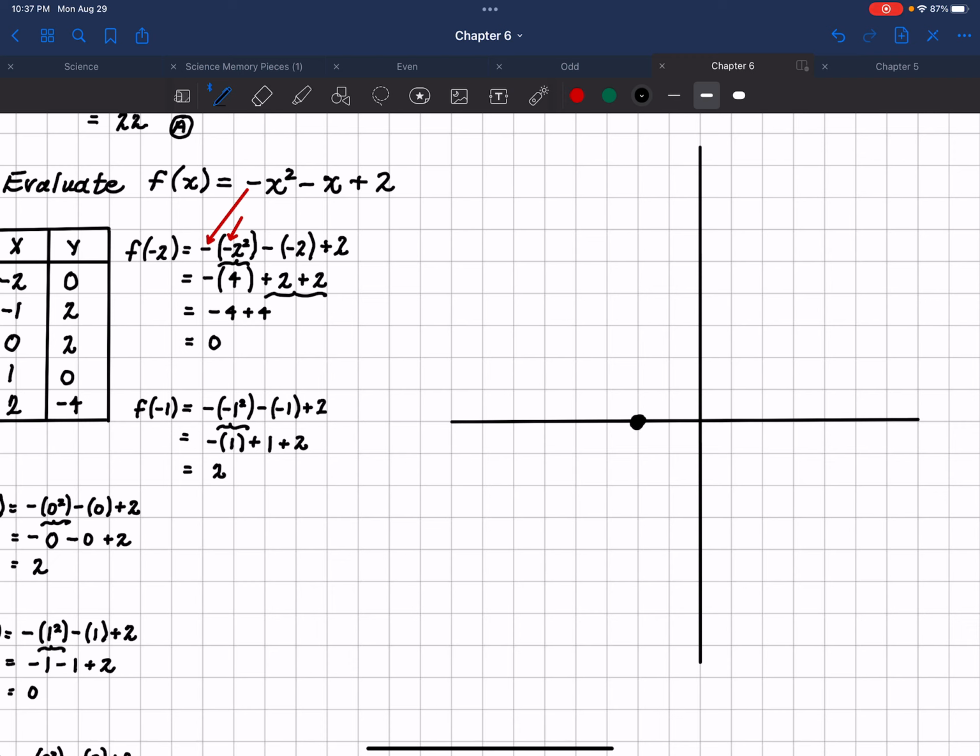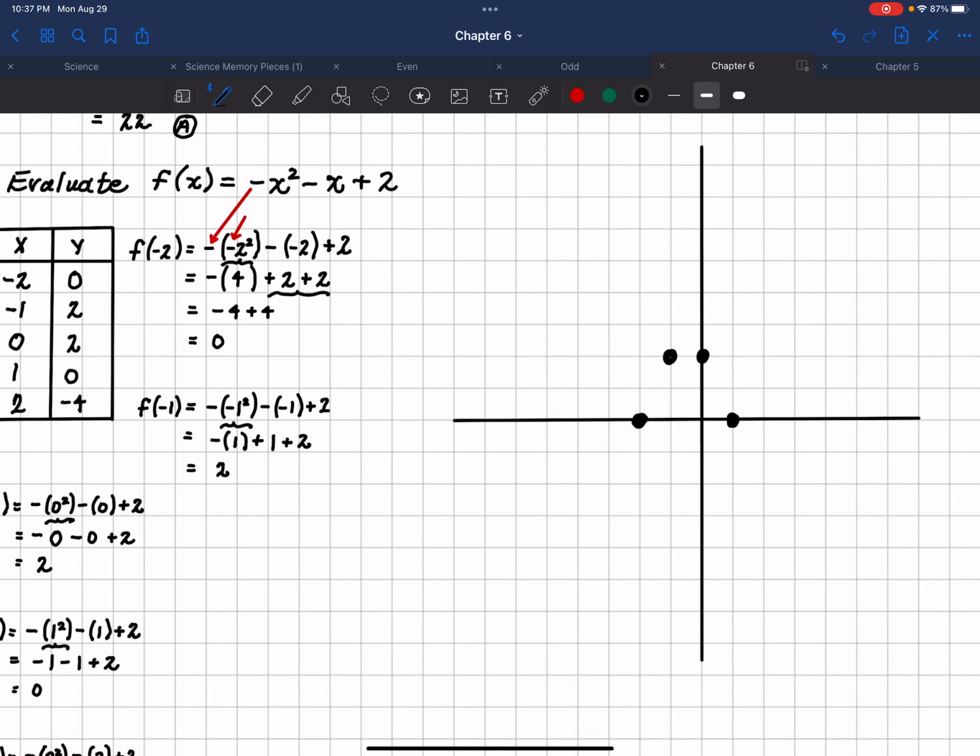Then negative 1, 2, 0, 2, 1, 0, and then 2, negative 4.